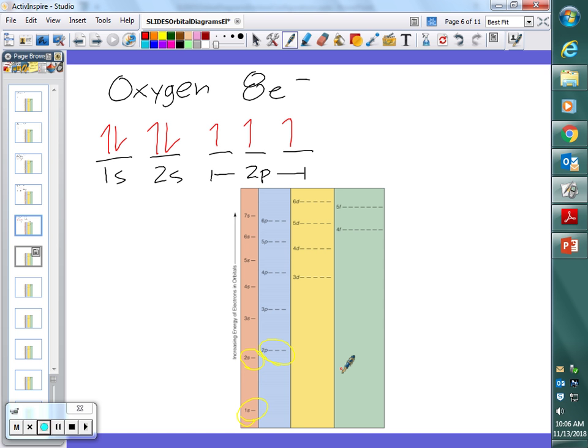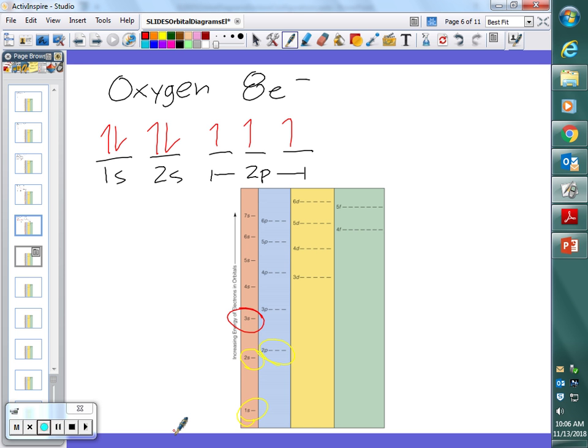Glad you said this. So Jordan said it's going to go 3s. Do we understand why Jordan said it is going to go 3s? It's the next one up, right? There's 3s. However, how many electrons can each of those orbitals hold? 2. Are these orbitals full yet?